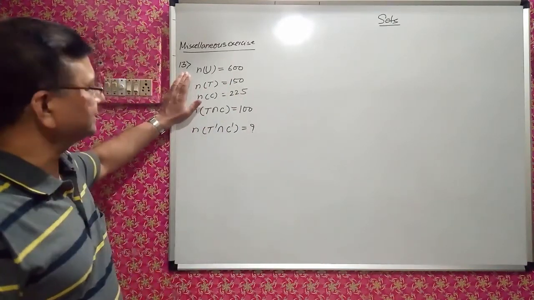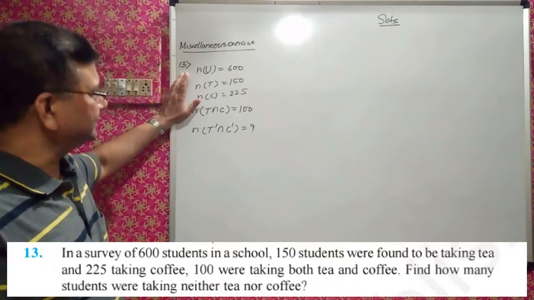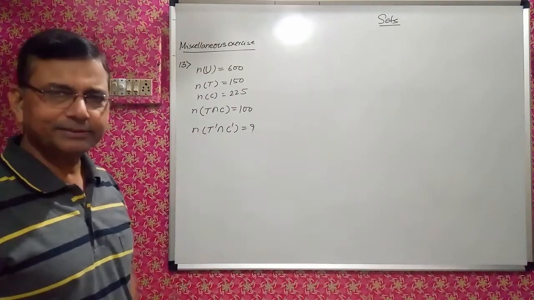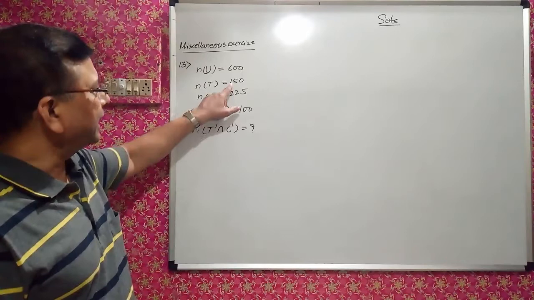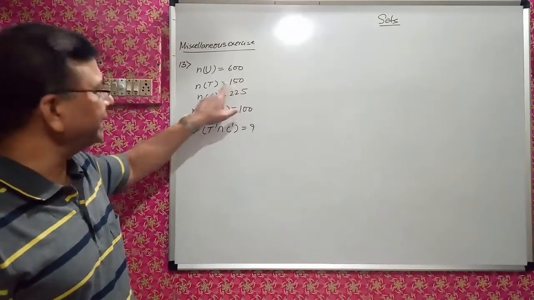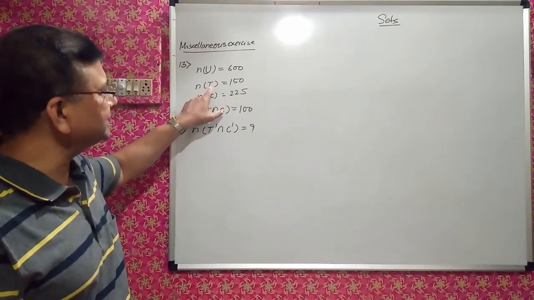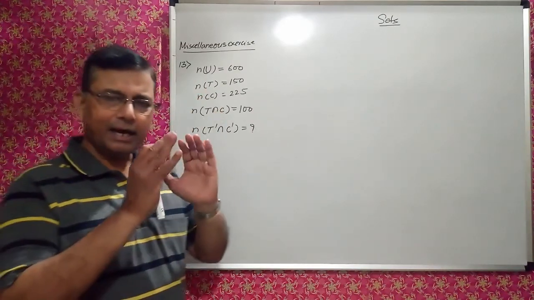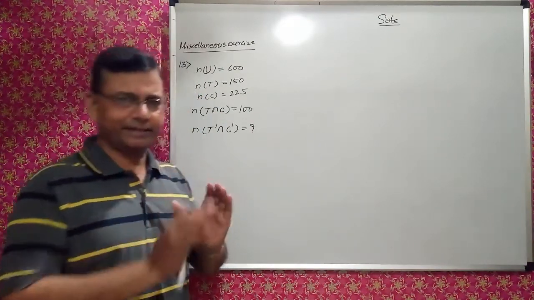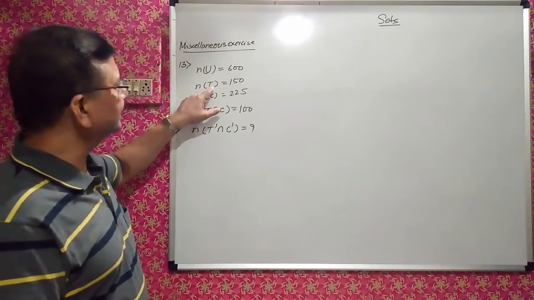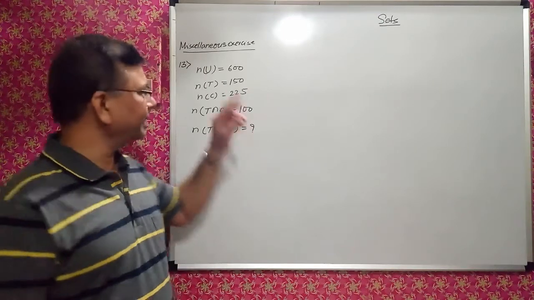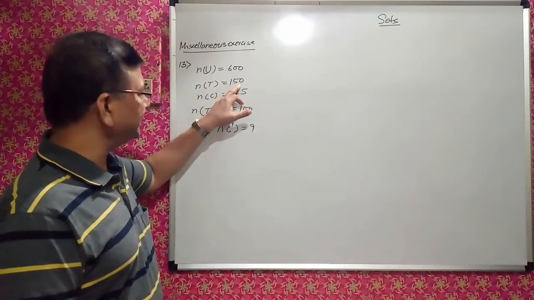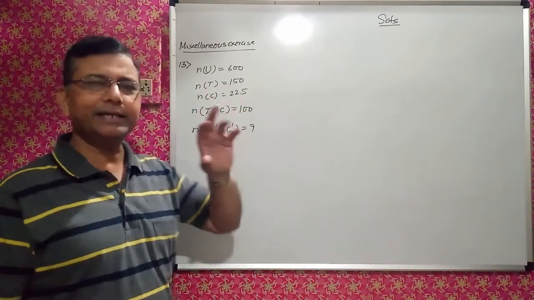Question number 13 tells: there are 600 students, right? And out of those students, 150 students take tea. I have taken this T symbol as the number of students taking tea. T implies the students who are taking tea, so the number of students taking tea is 150, and C implies taking coffee.